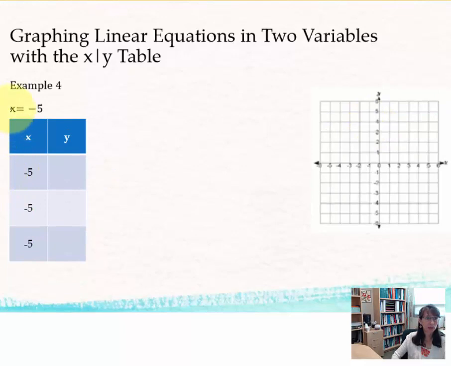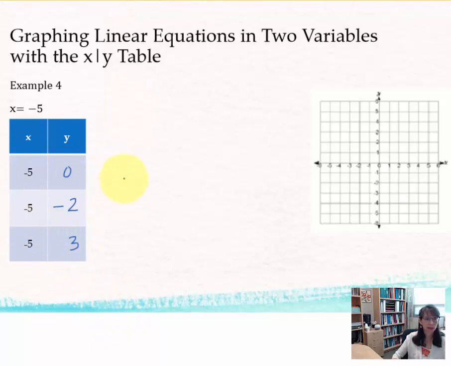In our last example, we have x equals negative 5. So this time we notice we don't have the variable y in the equation. So x is always worth negative 5. Y could be any real number. So I just randomly chose some values.